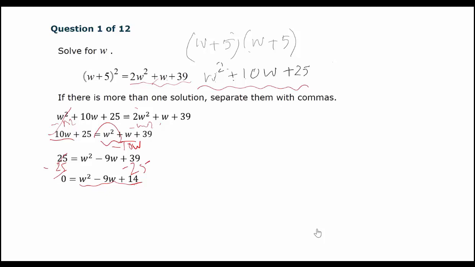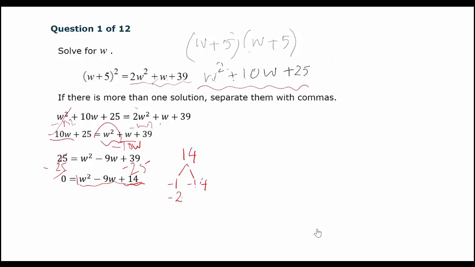We are looking for, because the leading coefficient is 1, and we have 14 on the right side, so A times C gives 14. And we are looking for factors of 14 that give me negative 9, and both factors will be the same sign. So if I list the factors of 14, I have negative 1, negative 14.